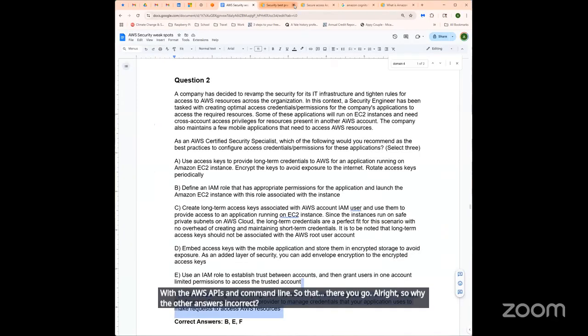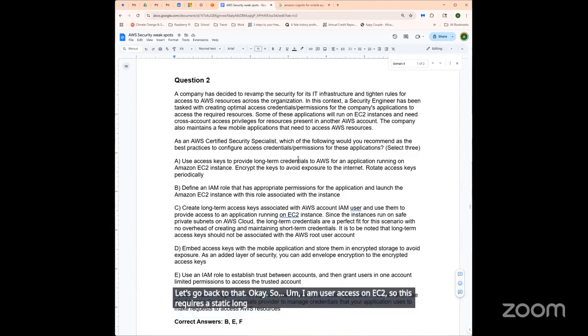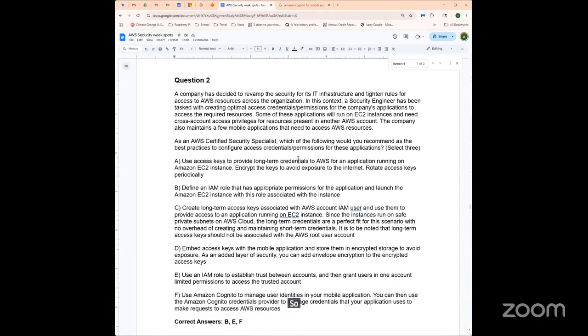Let's go back to that. Okay, so IAM user access on EC2 requires a static long-term key, right? So this increases risk. AWS recommends using roles instead. So that's why A is incorrect.